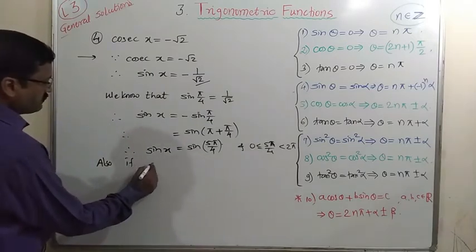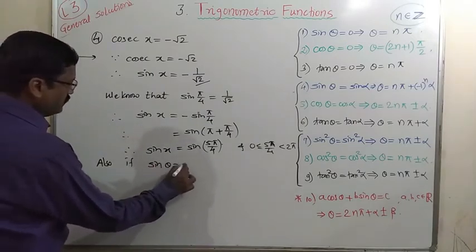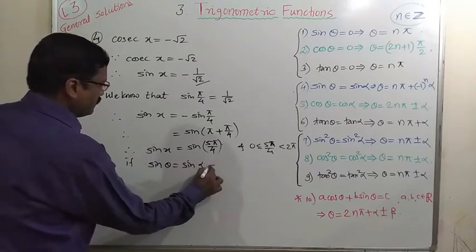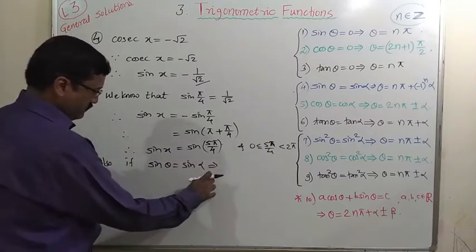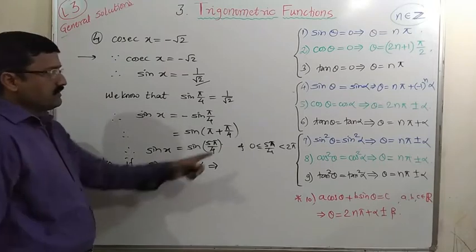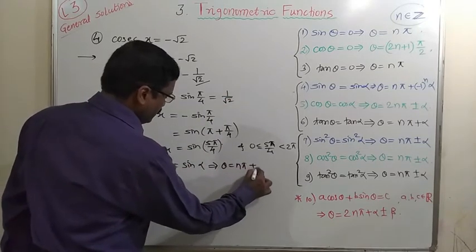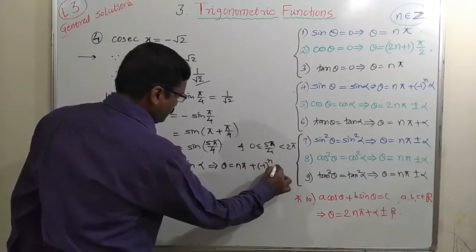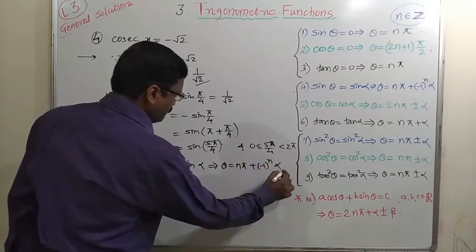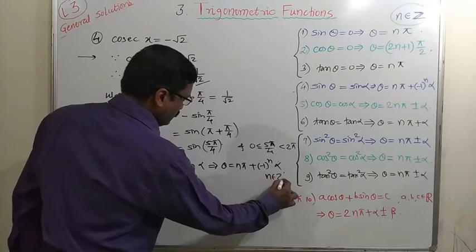So here if sin theta is equal to sin alpha, then it implies theta is equal to n pi plus minus 1 raised to n into alpha, where n belongs to integer.